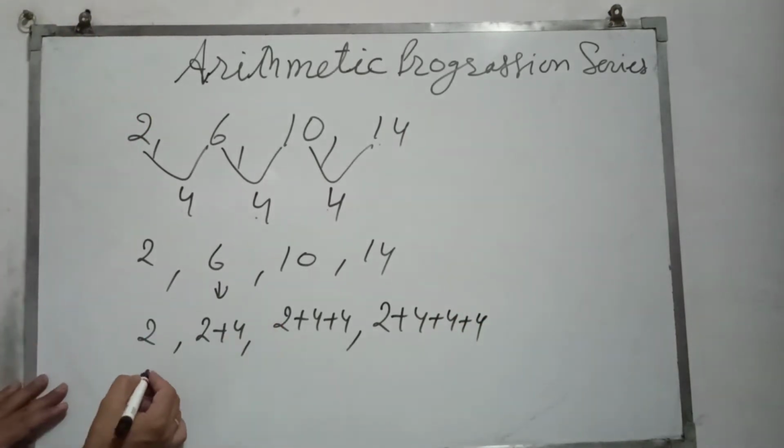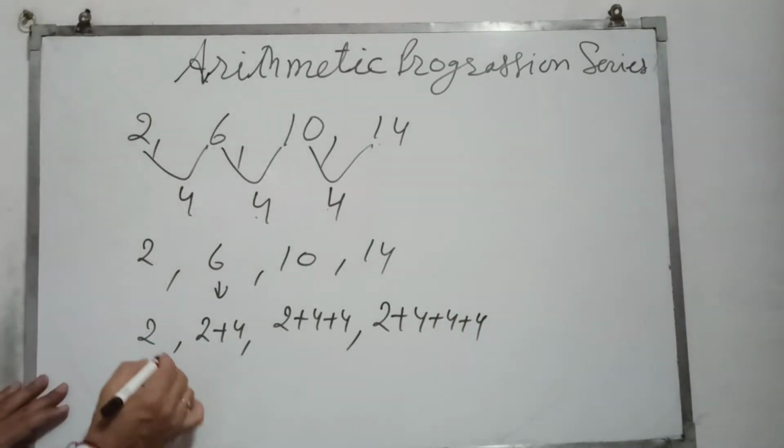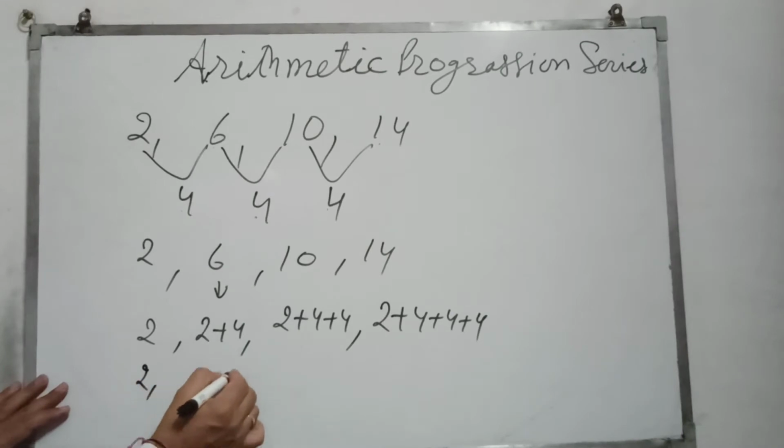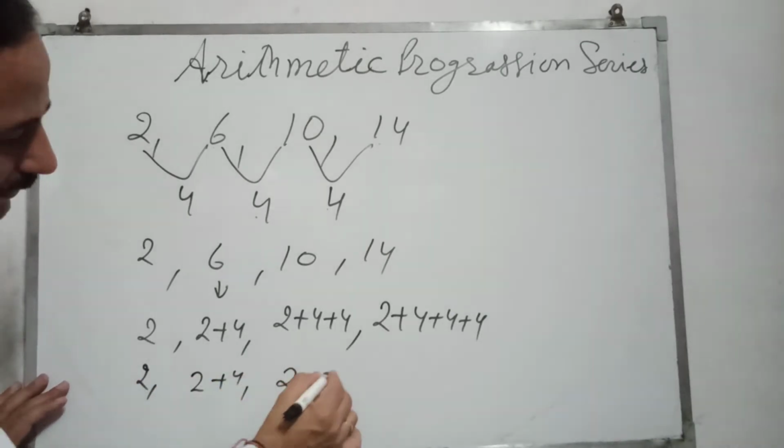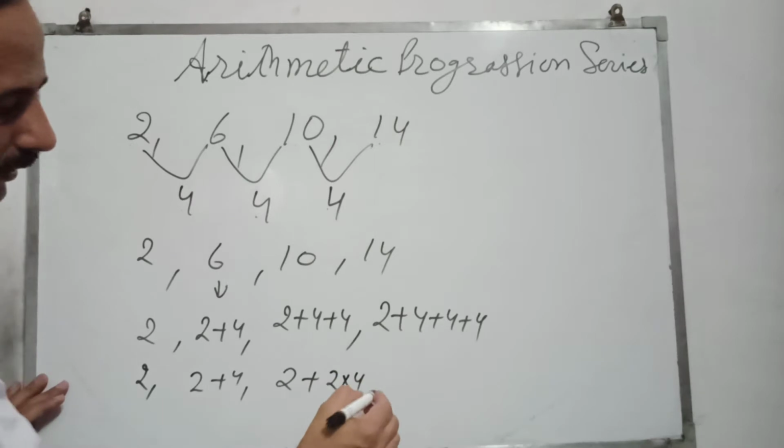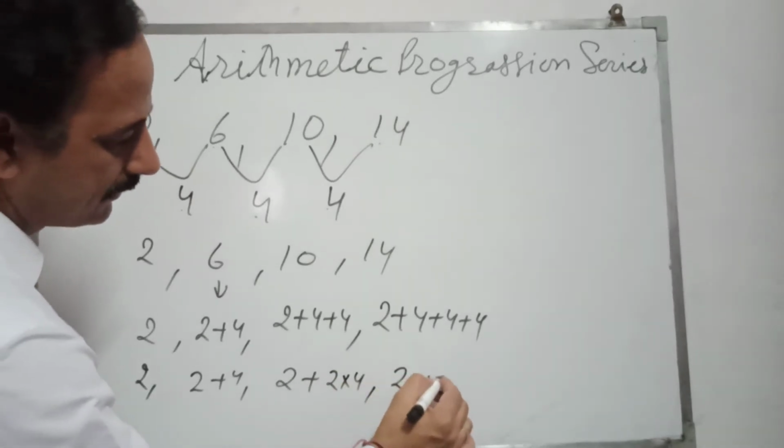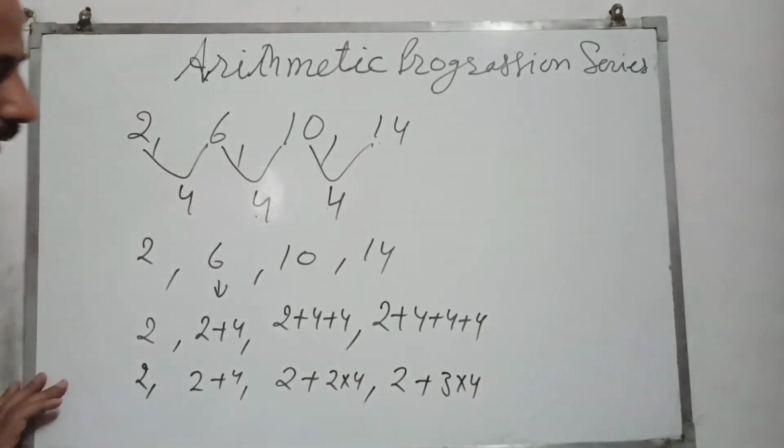So we can say that it is 2 plus 2 into 4, that is 2 plus 3 into 4, right?